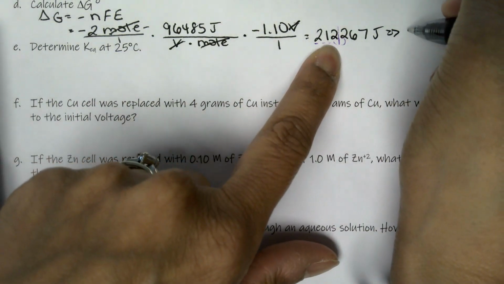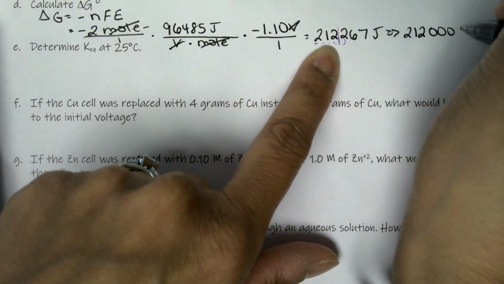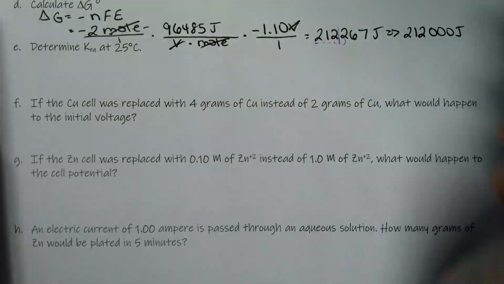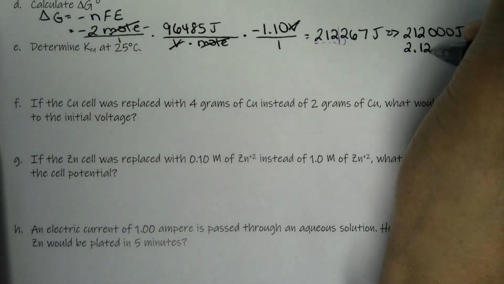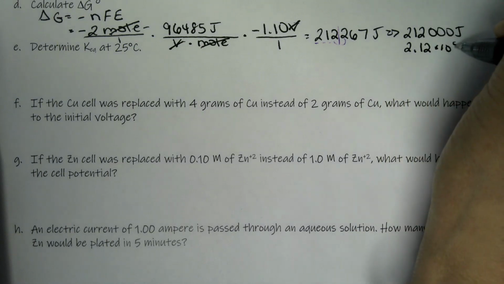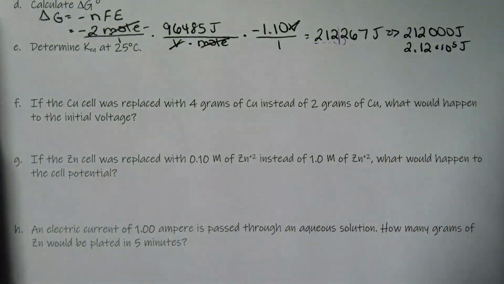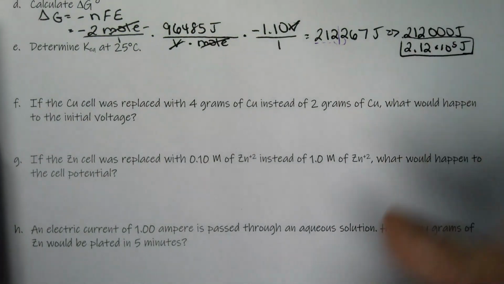So this is equal to 212000 joules. To simplify this, I can put this in scientific notation: 2.12 times 10 to the 5th joules. So that is my answer for delta G.